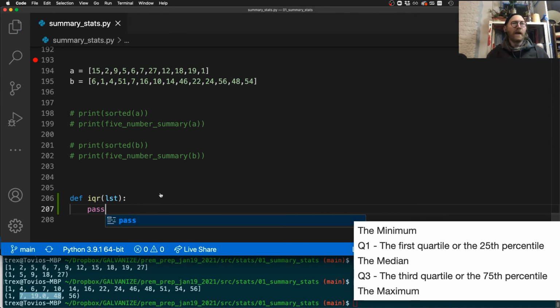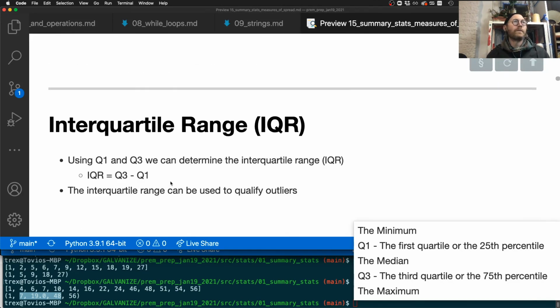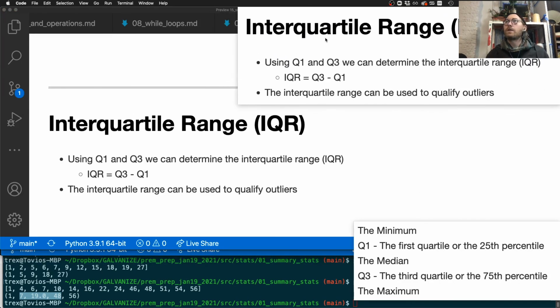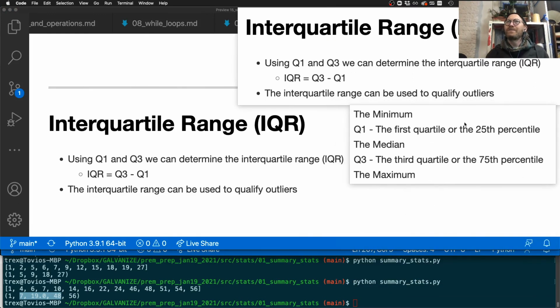Okay, and let me snag this slide, and I'm just going to leave this open up here. I'm going to leave this here as well.